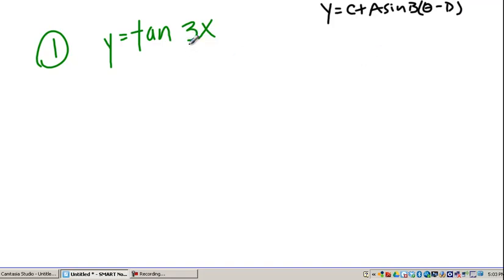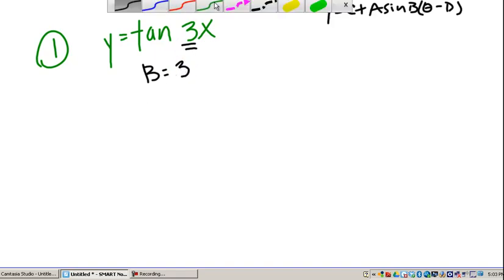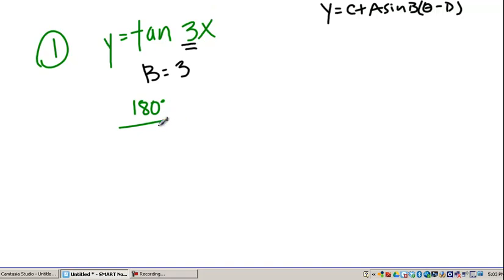The only difference is we have b equals 3, but with sine and cosine, we divided 360 by b. However, our period length for our parent function is 180, so that's what we're going to divide by. So we get 180 divided by 3, which is 60 degrees.